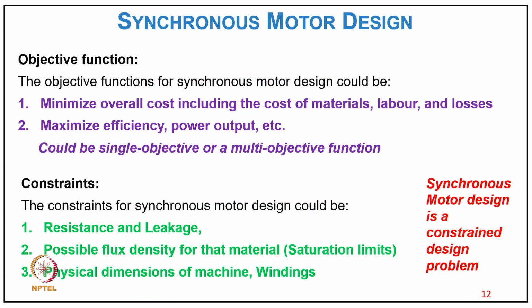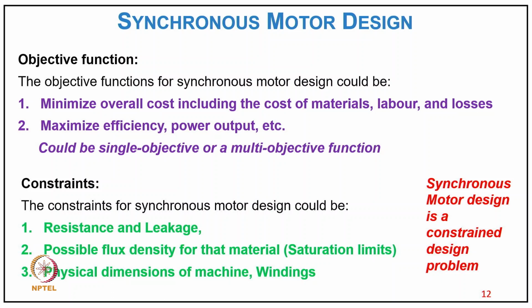Now coming to the computer design with the objective of the synthesis approach. We have an objective function which we want to optimize, that is, minimize or maximize. The objective functions for synchronous machine design could be to minimize overall cost including the cost of material, labor and losses, and to maximize the efficiency, power output, etc. It could be a single objective or multi-objective function.